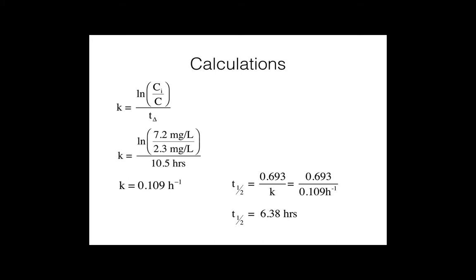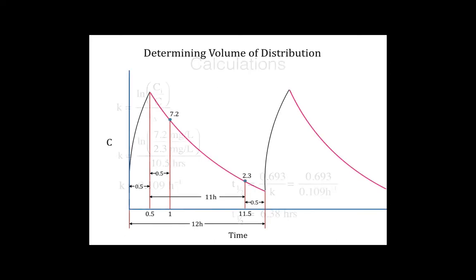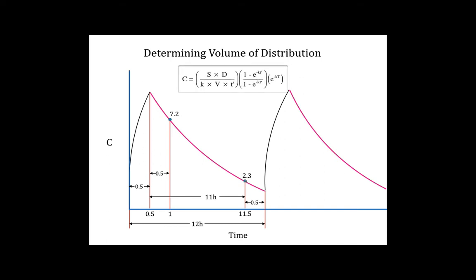Now let's determine the volume of distribution. Again, you see our graph with all the points put in. You can see the peak concentration occurring a half an hour after the half-hour infusion, or at 1 hour, and the trough at hour 11.5 in the 12-hour interval of 2.3. This is the appropriate equation that describes the event.